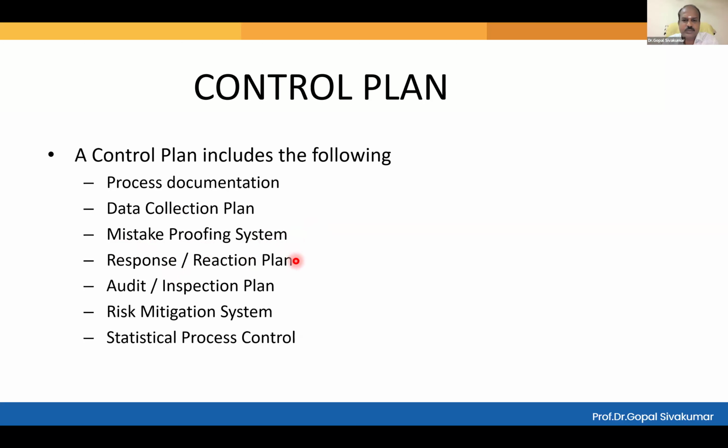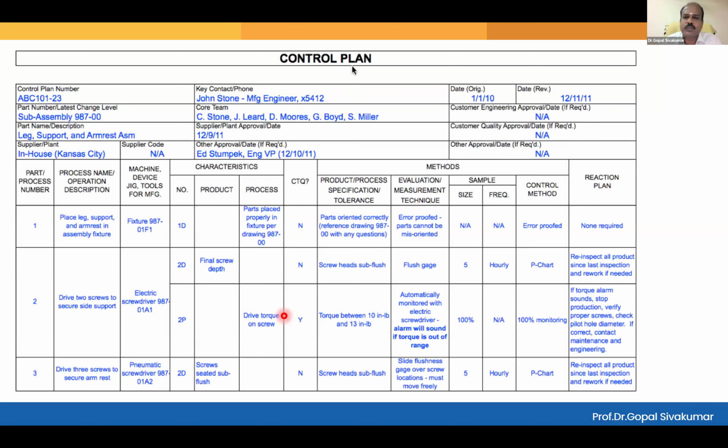But finally, the scenario has to be properly understood. Then the audit inspection plan: how many samples and what frequency of sampling, and the recommendations about the specific control chart. All of them together is known as a control plan. So this is a sample control plan, but then you have to create one for your process.